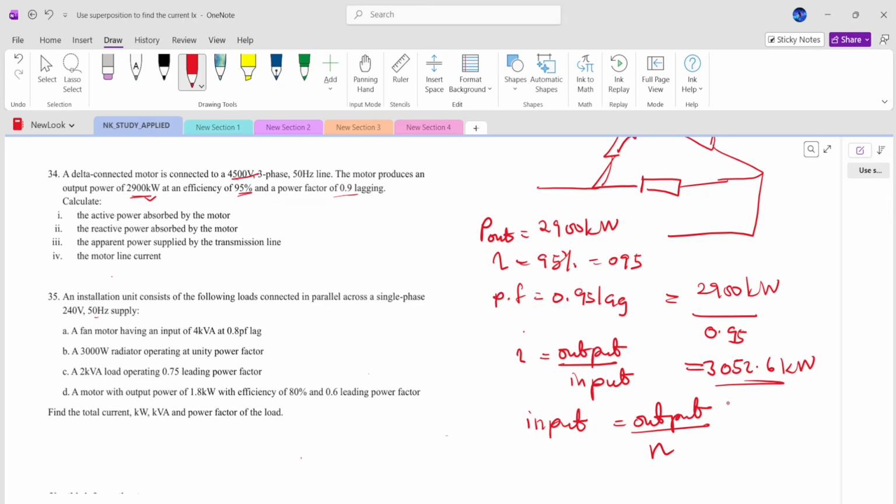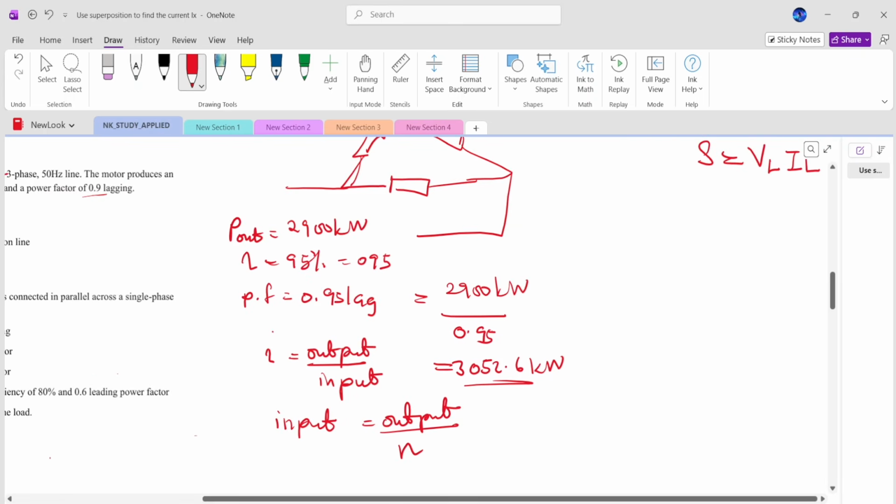That's our input active power. The next question is the reactive power absorbed by the motor, right? Reactive power is what? Q. So find Q of the motor.